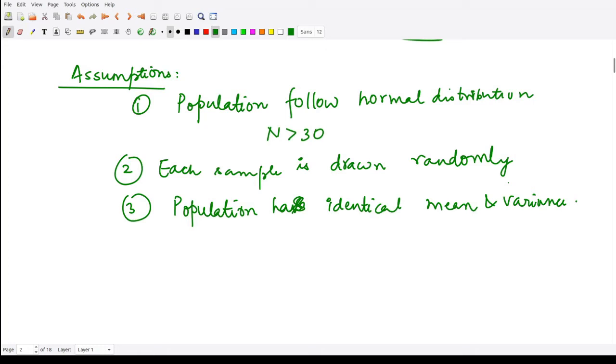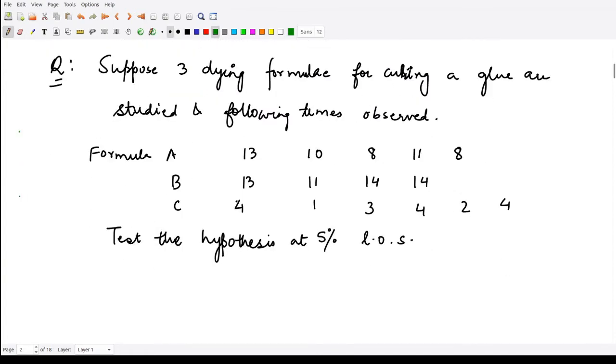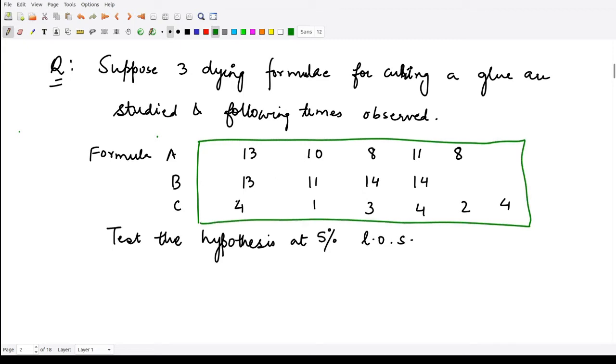So how do we solve this question? Now here first of all, according to the given formulas and these observations, we'll calculate the total sum, which is represented by Ti, and it is obtained when you add up all these quantities.